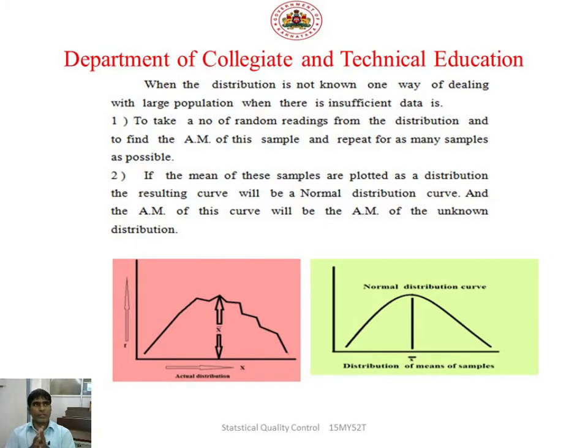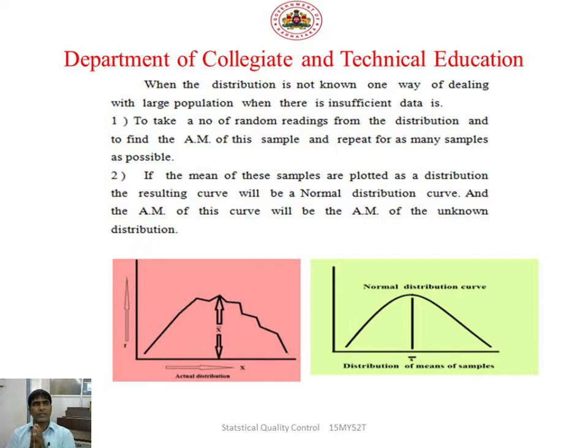The first is to take a number of random readings from the distribution, find the arithmetic mean of that sample, and repeat for as many samples as possible. The population is large, so we take a sample, calculate the arithmetic mean, and repeat this process as many times as possible, and we get a curve which I have shown in red color.